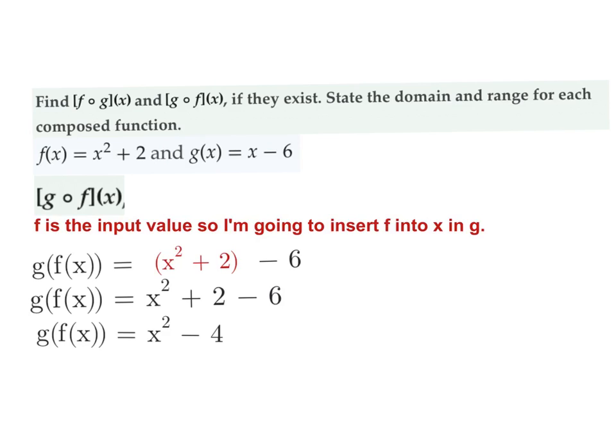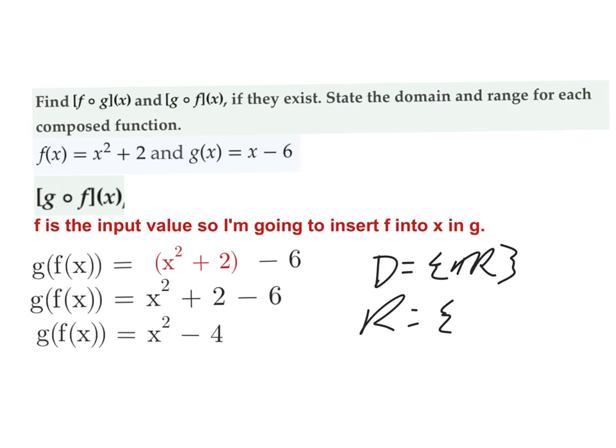Domain and range. The domain is all real numbers in this case, and I need to change something real quick. So the domain is all real numbers. I can plug any value in for x, and I'm not going to have a problem. The range is different on this one though. It's actually different on the other one too, but I just didn't want to get into all that.